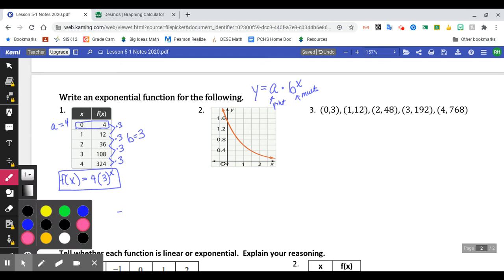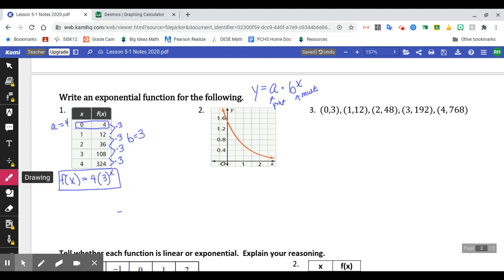So again, we're looking for our two things. The first one would be our y-intercept, which is right here. And if you look, this would be 1.2, which means this would be 1.4 on the line. So halfway in between there, I'm going to say that would be 1.5 as your a value, I'm very sorry, your a value.